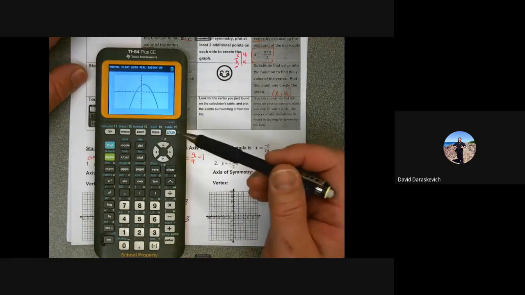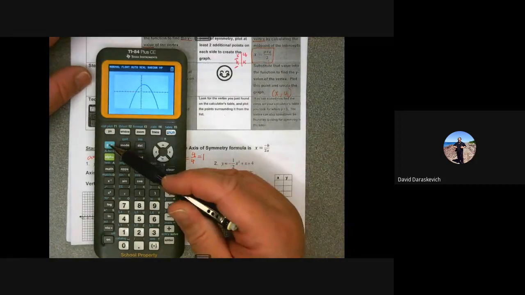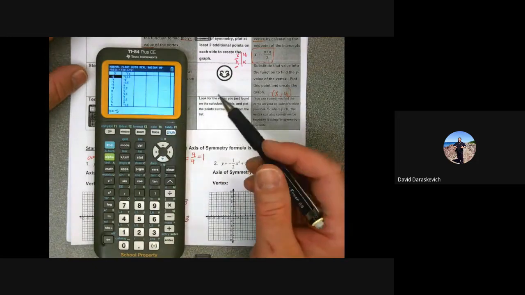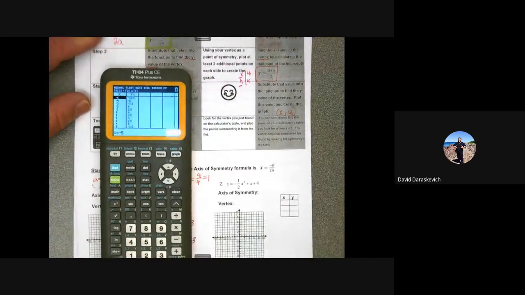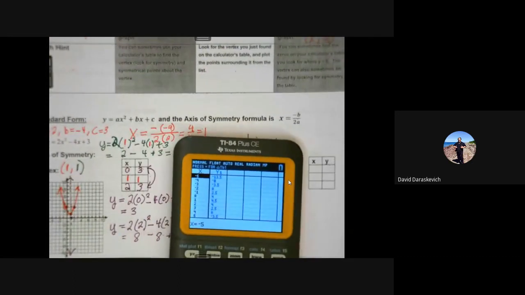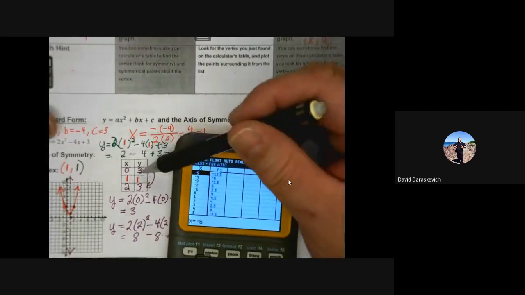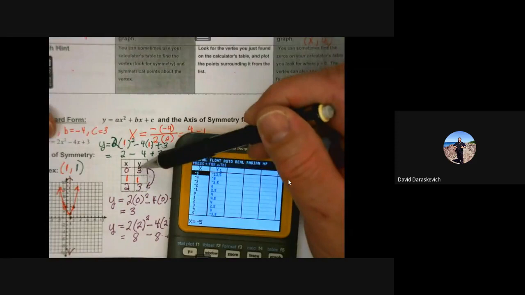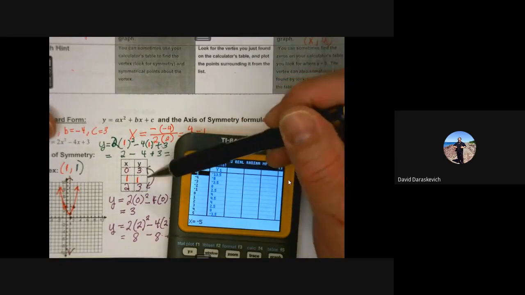I'm going to go to my table here. Second graph. And this is the easiest way to see my vertex. Remember, from this chart, my vertex has repeating y values around it.